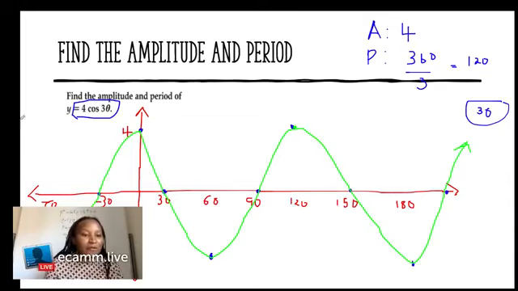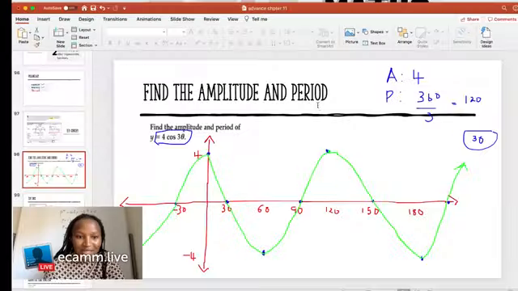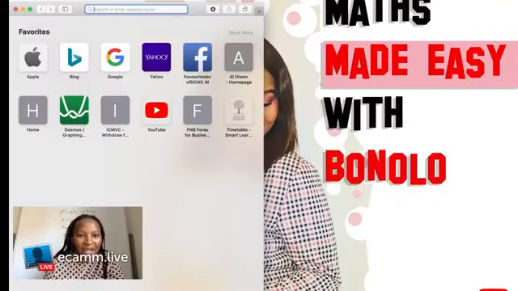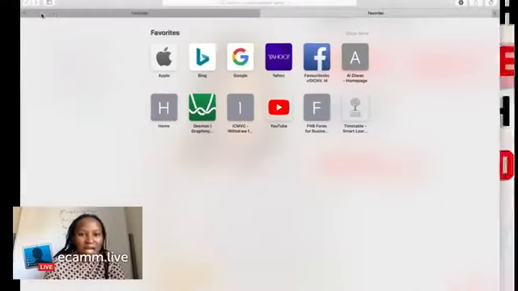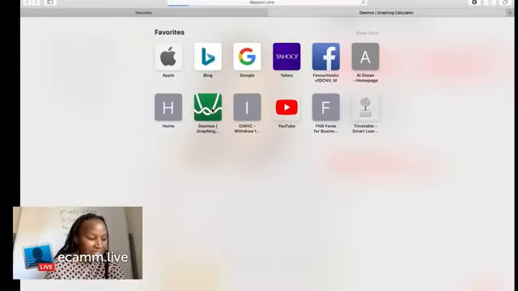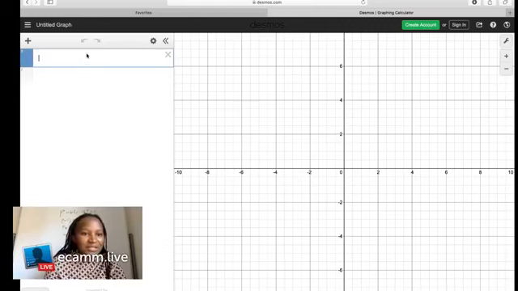So now I will give you something else that's going to help us. I will close this, discard this, and go ahead and open my internet. Okay, I'll open Desmos. So in Desmos, I'm going to show you the two graphs and the differences.